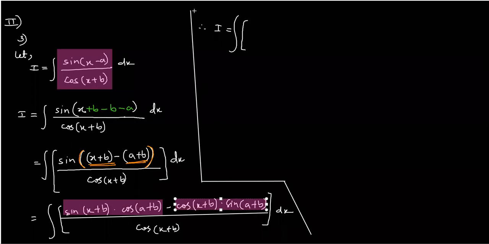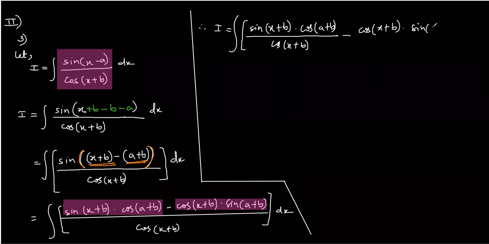So I get sine of x plus b cos of a plus b upon cos of x plus b, and minus cos of x plus b sine of a plus b divided by cos of x plus b.